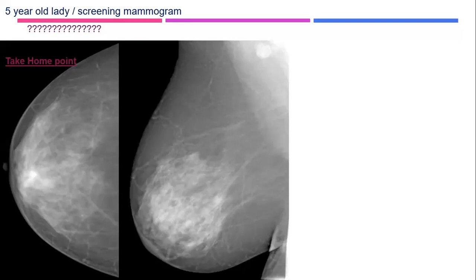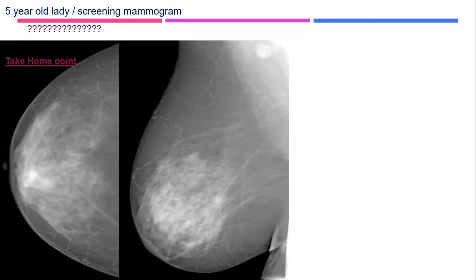I see in the CC view there is a dense area in the retroareolar region. How do you label this area? I think it is a focal asymmetry because in the MLO it is not seen.